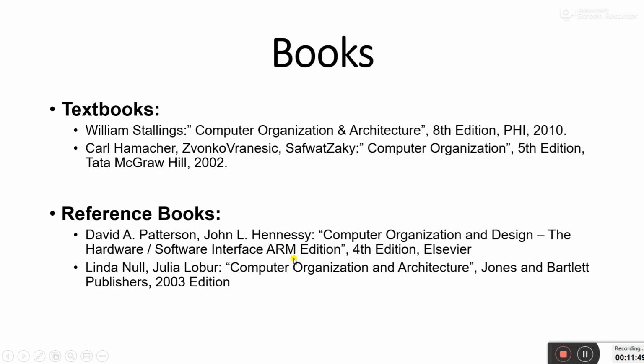If you need to discuss the ARM processor, architecture, and hardware, then you can go with Patterson and Hennessy, or Linda Null and Julia Lobur's Computer Organization and Architecture, Jones and Bartlett Publishers. We can take some topics from the 2003 edition of this book also.